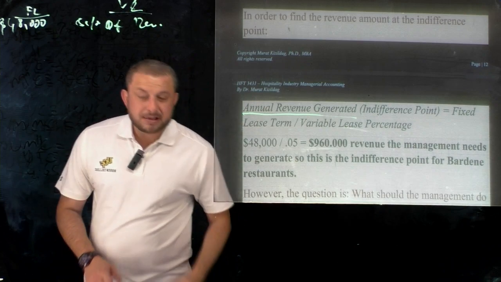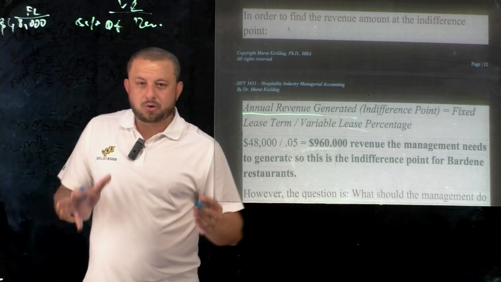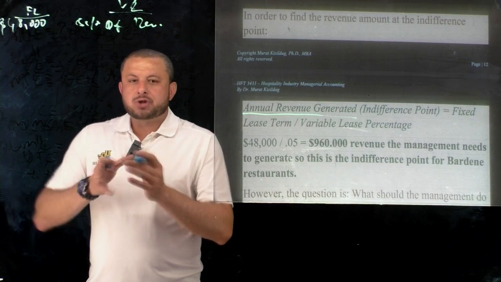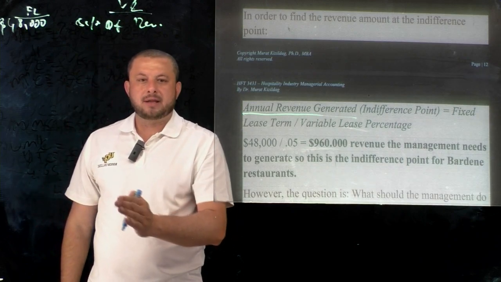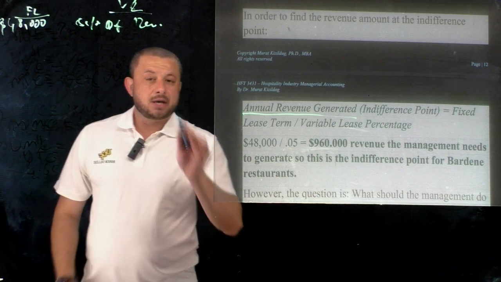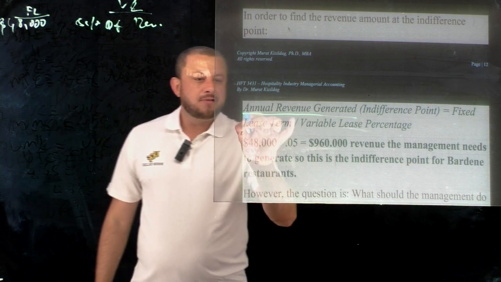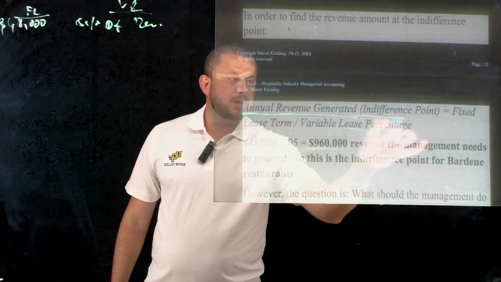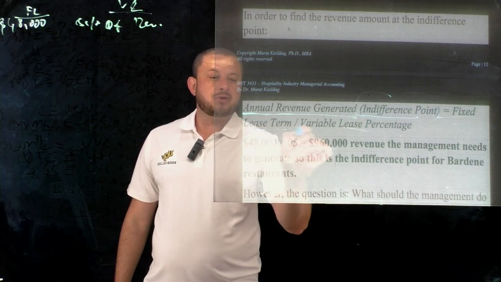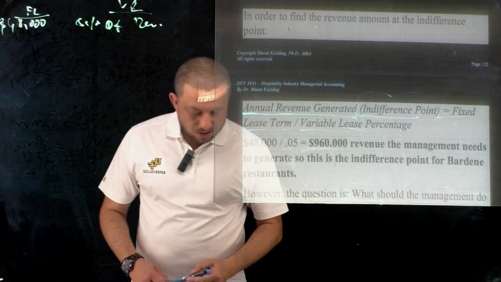We are dealing with indifference point because that's the analysis, and we have to find the benchmark, which is also the indifference cutoff point, so that we can analyze our options. In order to find that benchmark, we have to find the annual revenue generated, which is the indifference point itself, equal to fixed lease term over variable lease percentage.